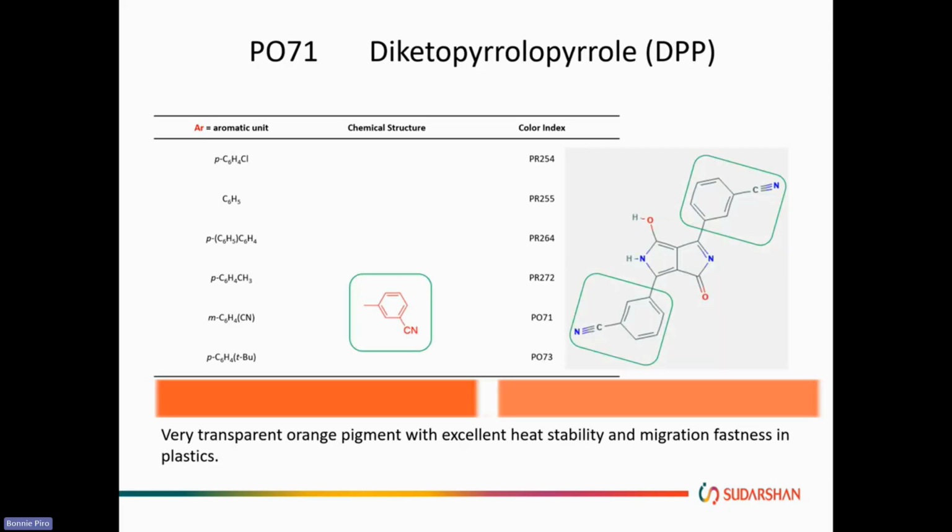Moving to the orange shade is the Pigment Orange 71. This can be a very good product for a lot of areas. It's a more transparent type of pigment, with of course the excellent heat stability and migration fastness.